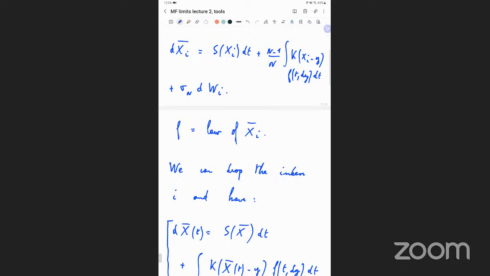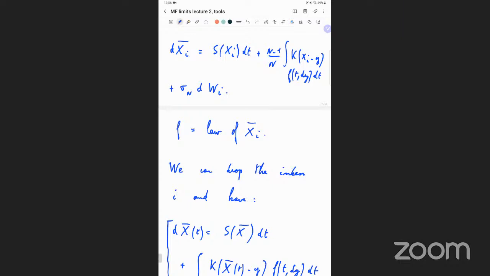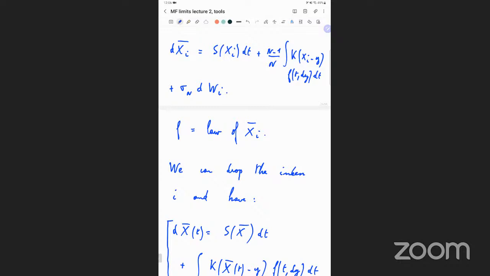Right, okay. Because the law initially is the same for every one of them. So the only difference from one index i to the other is that you've chosen a different realization of that law, and a different realization of the Brownian. But they are all equivalent, right?